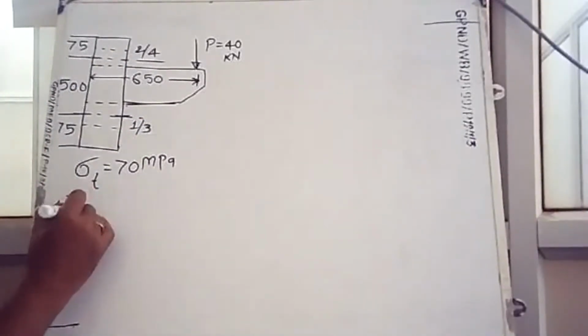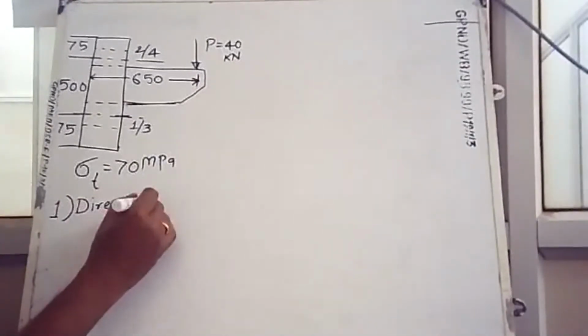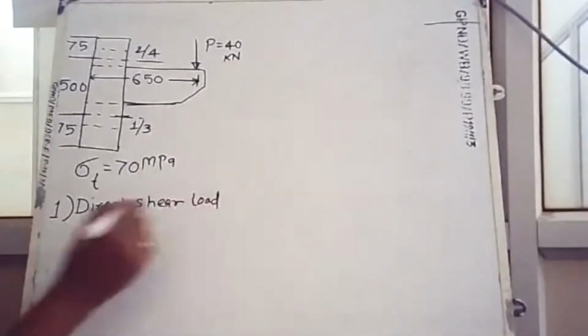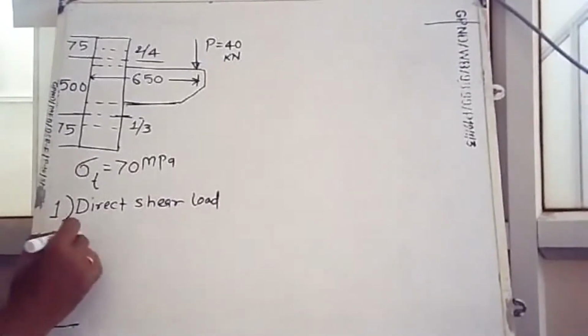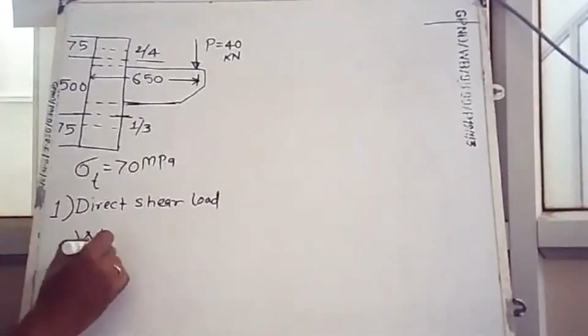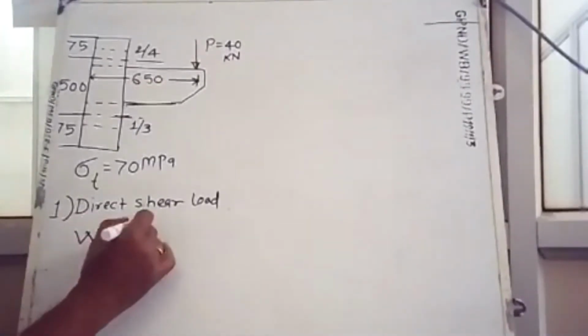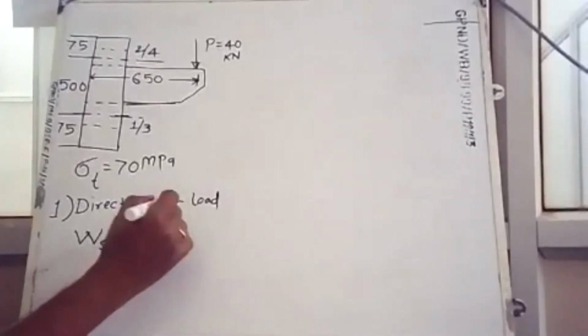Now direct shear stress, or direct shear load on each screw, that we can find WS1 as total load divided by number of screw.